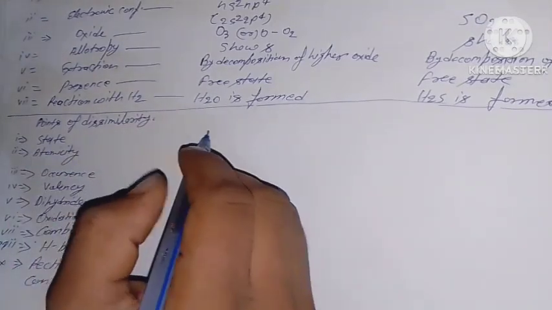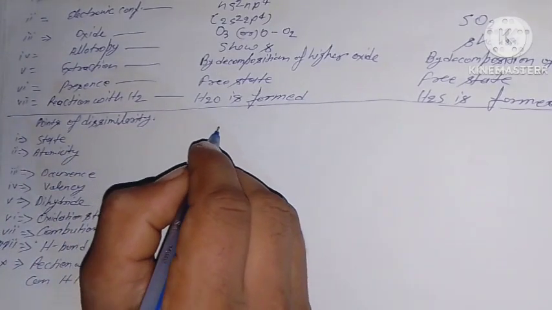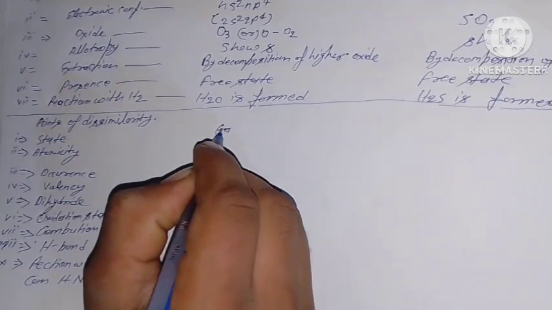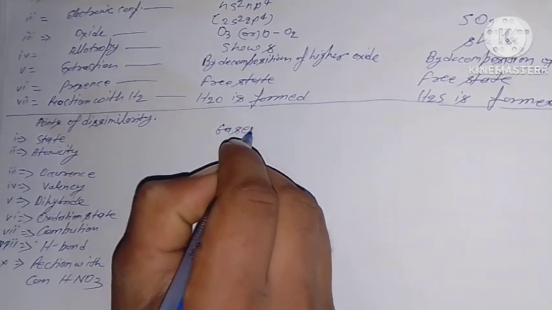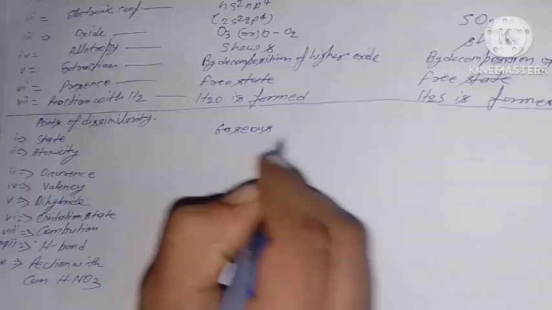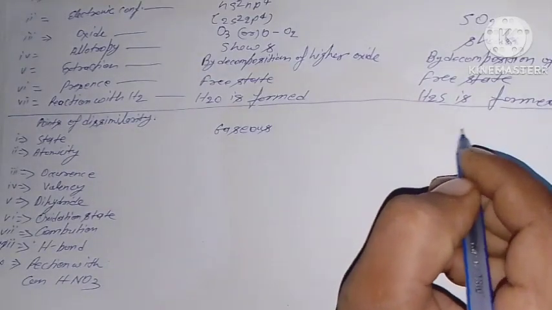Then first is state: oxygen is gaseous, and sulphur is solid.